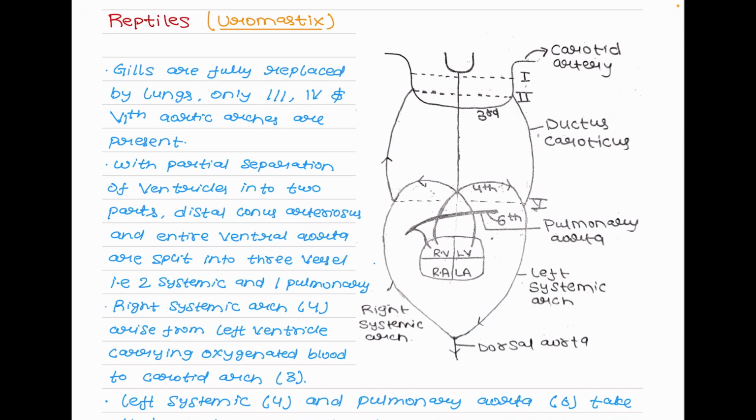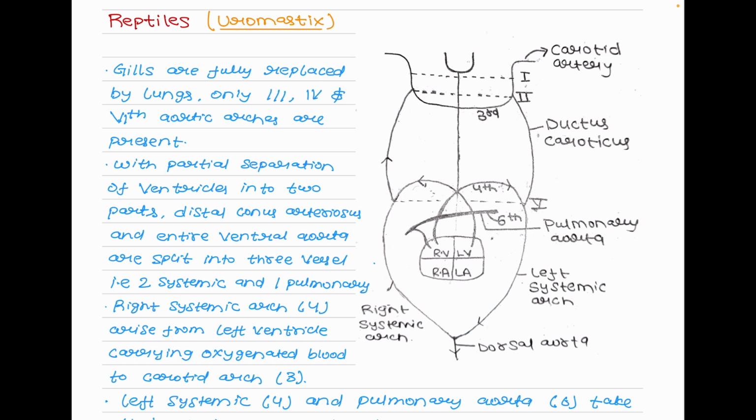Now we'll talk about reptiles, Uromastyx. Gills are absent. Again, only third, fourth and sixth aortic arches persist. The ventricle is partially divided and the ventral aorta splits into three vessels. Right systemic arch, which is the fourth aortic arch, left systemic arch, also from the fourth aortic arch, and pulmonary arch from the sixth aortic arch.